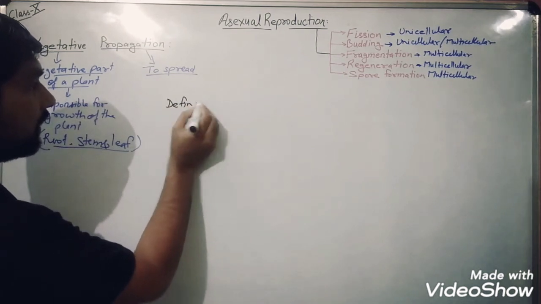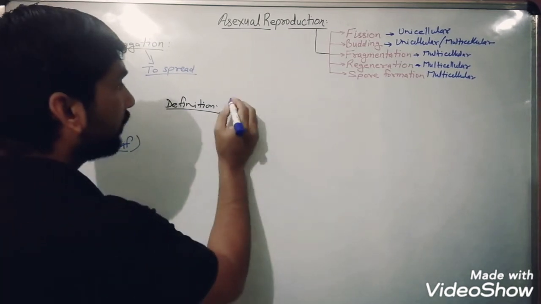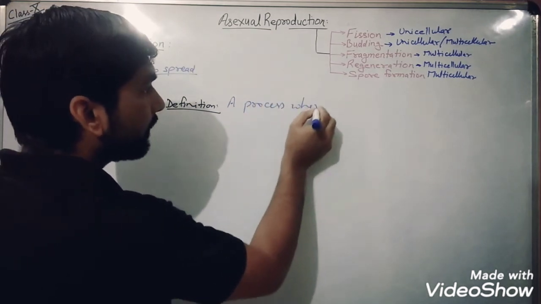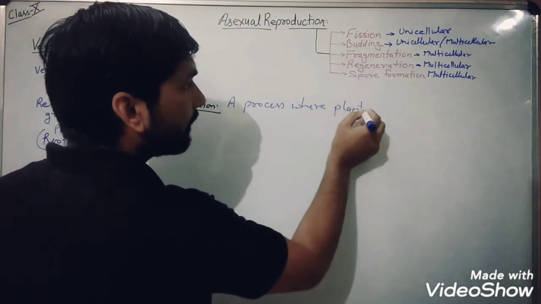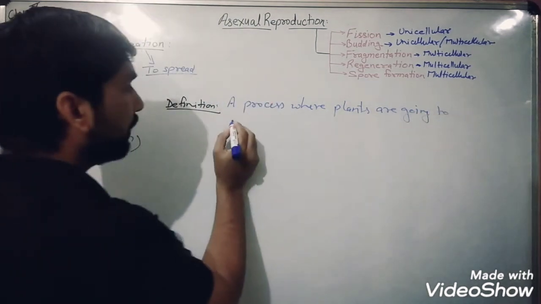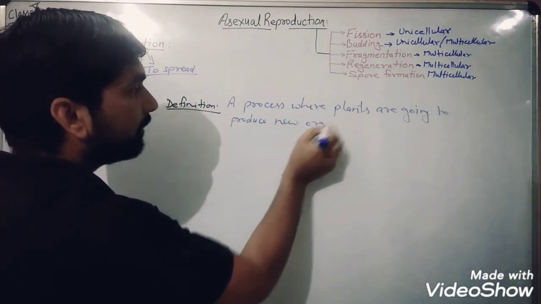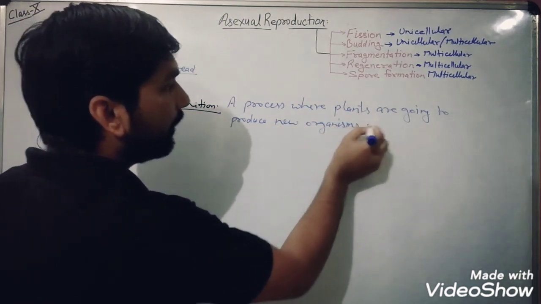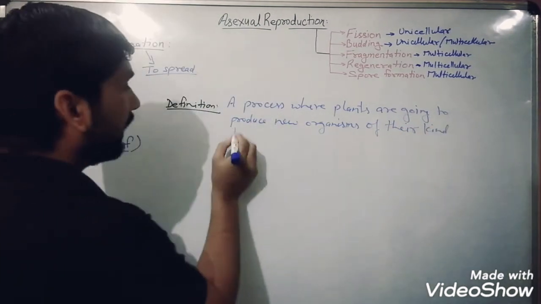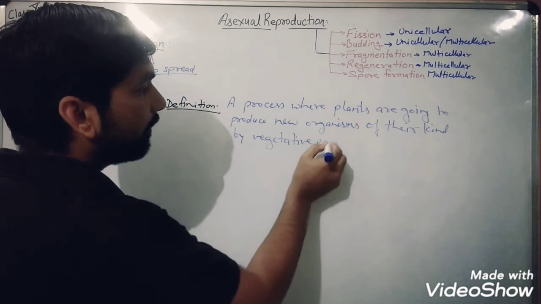Actually, it is a process where plants produce new organisms of their kind by vegetative parts.